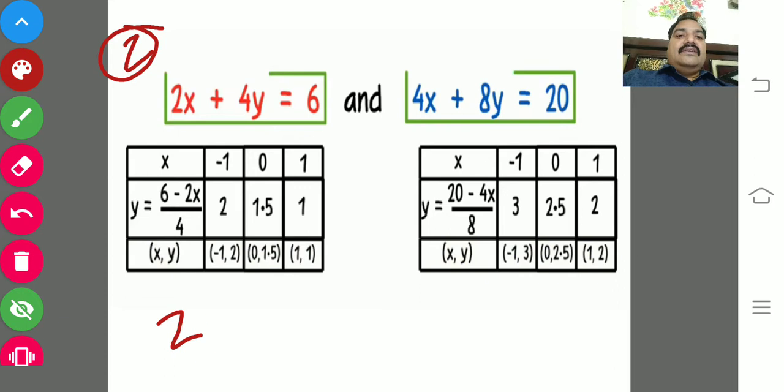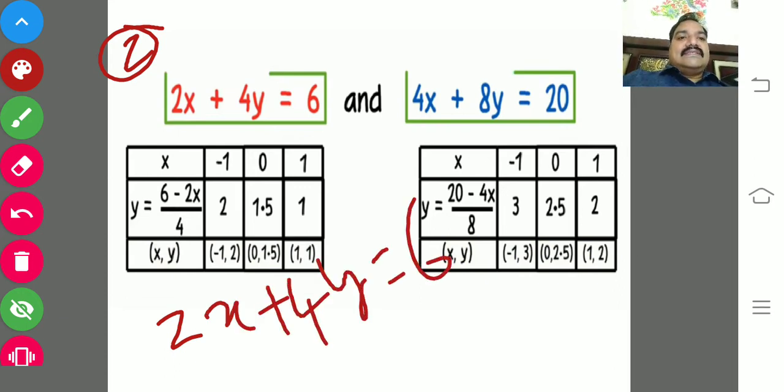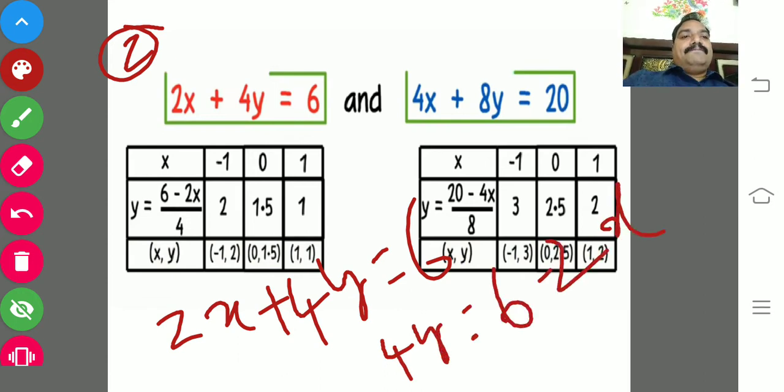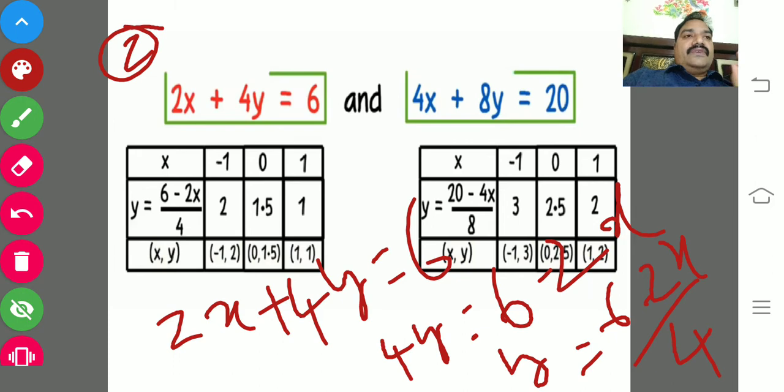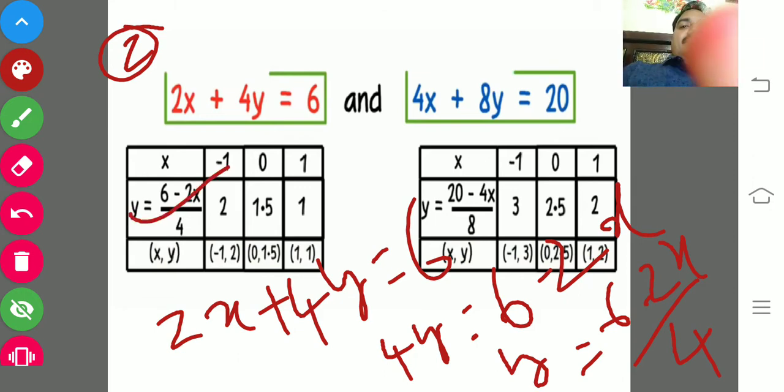Here you take 2x plus 4y equals 6. Then 4y equals 6 minus 2x, and y equals (6 minus 2x) by 4. The first thing, after seeing the question, is you have to make y the subject.